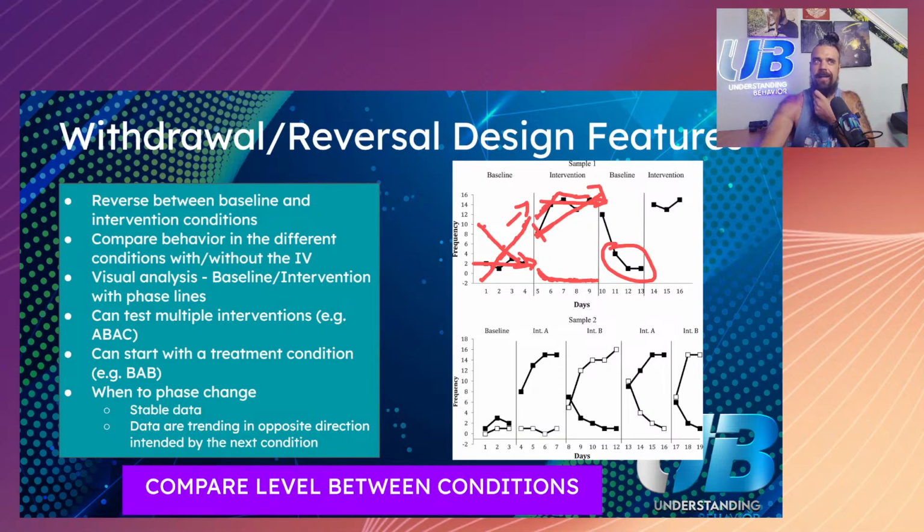So if we are trying to increase behavior and we see a descending trend, totally cool. But if we see it in the same direction intended by the next phase, then that's not cool. We don't want a phase change there, because we would not be able to tell which variable caused that change in behavior. Whew, crazy stuff, huh?